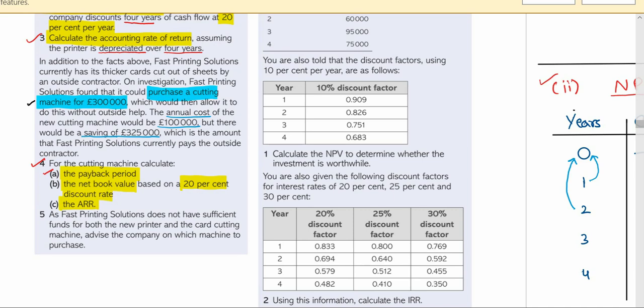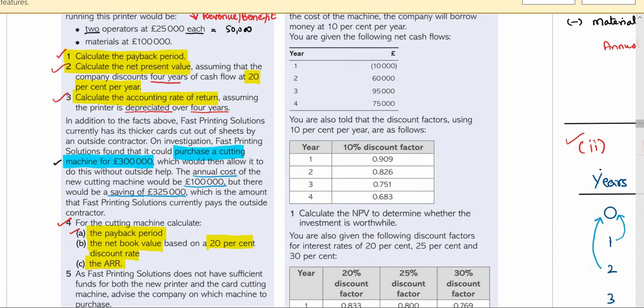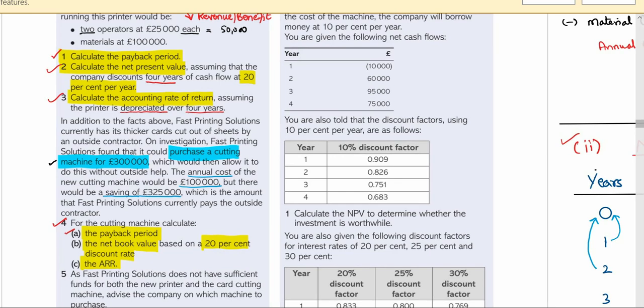Based on the above assumption, because in the upper question we calculated the net present value for 4 years, we will find it for 4 years just to match with the upper question.